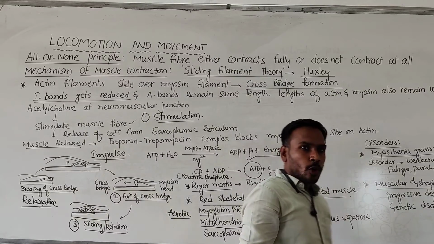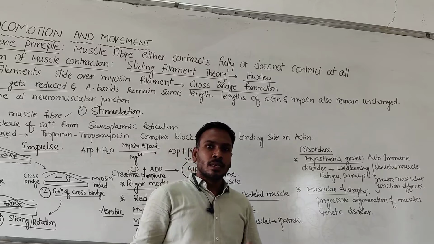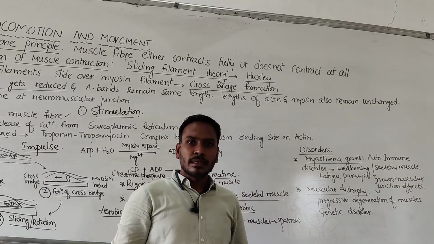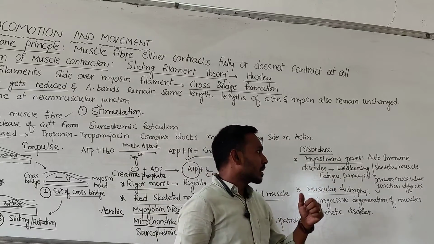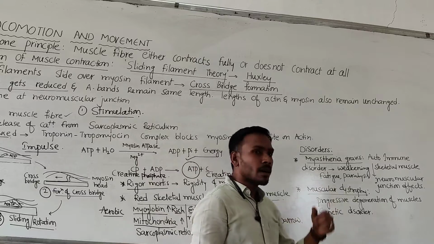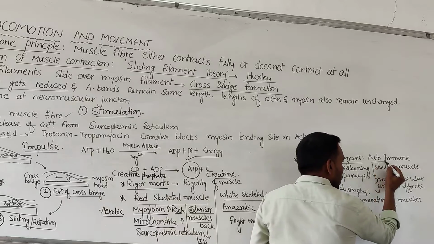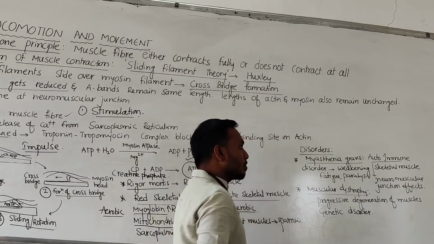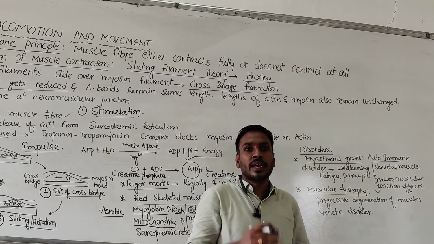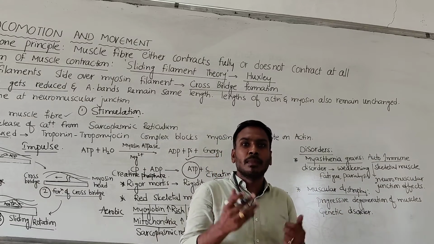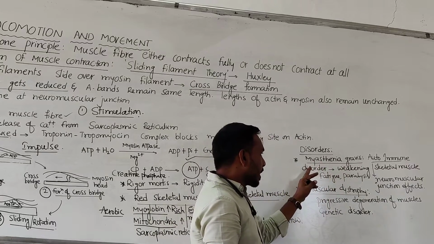Now, we can conclude this topic with two disorders. The two important disorders related to the muscles are myasthenia gravis and muscular dystrophy. What is myasthenia gravis? It is an autoimmune disorder where the neuromuscular junction is affected, acetylcholine is not secreted, and muscle contraction does not occur properly.